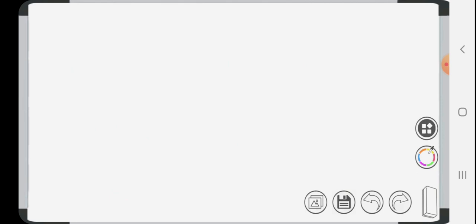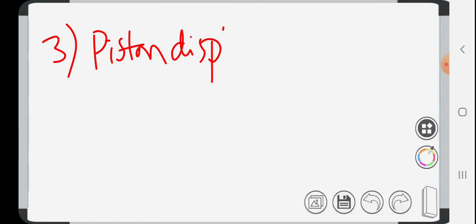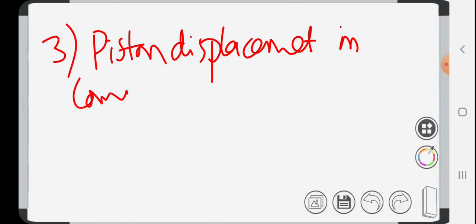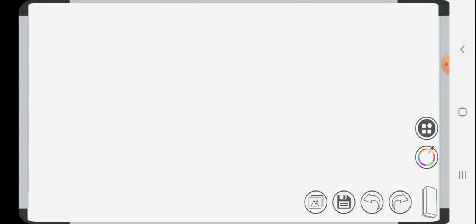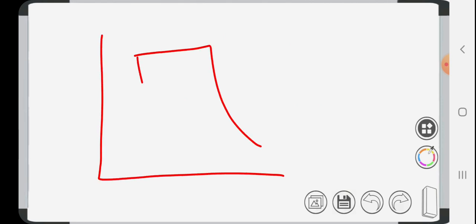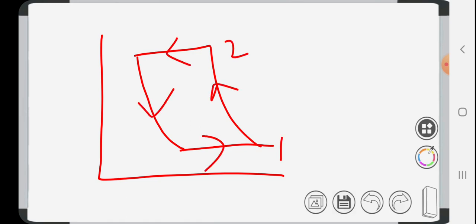Now the third one is we are asked to find the piston displacement. Piston displacement in the compressor and expander. How to find that? Actually, our system is like this: 1, 2, 3, 4.